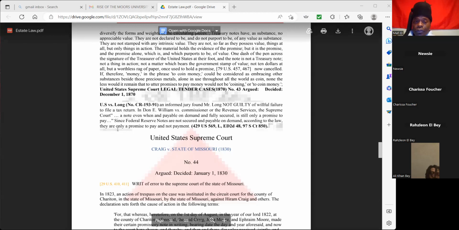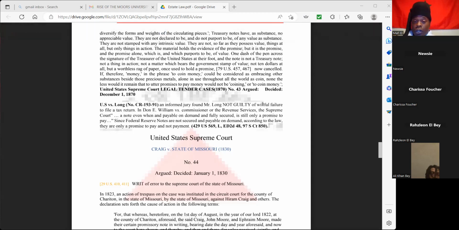According to law, they are only a promise to pay and not payment. Right, so these are, once again, things that we can use Article 4, Section 1, res judicata, on multiple levels of things, right?